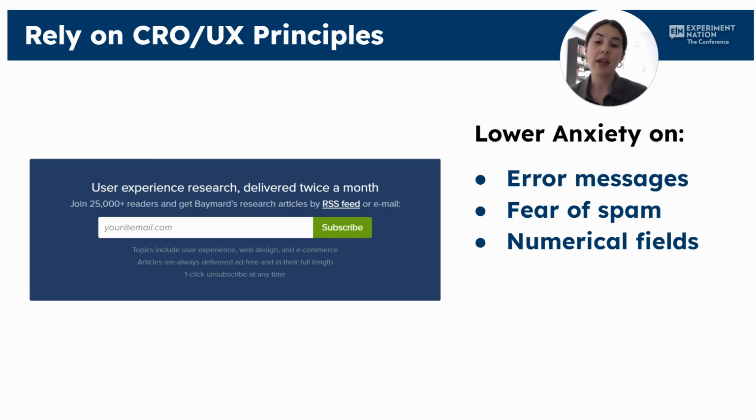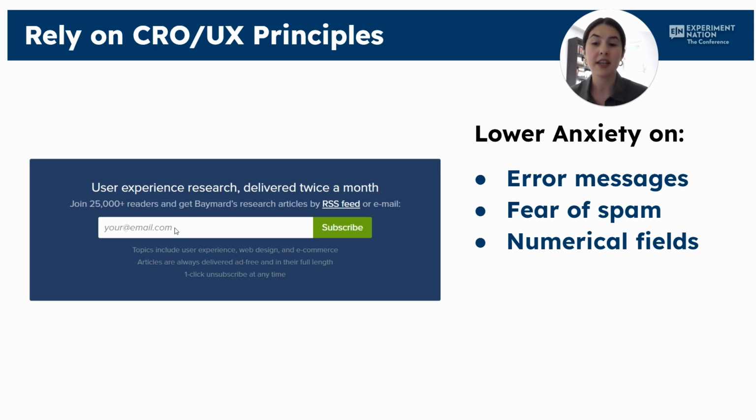But a good way to lower anxiety is to actually mention how many times you're going to offer the newsletters. And in this specific example on the Baymard Institute website, on their newsletter sign up form, they explicitly say that they will deliver newsletters twice a month.